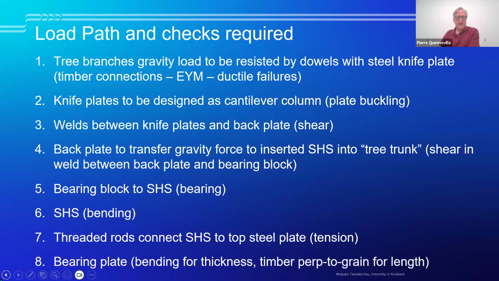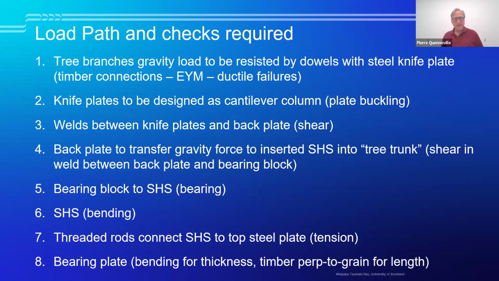And then the last load path and checks required were to design the threaded rods, making sure that they were the right diameter, the right grade, and then the bearing plate at the top.